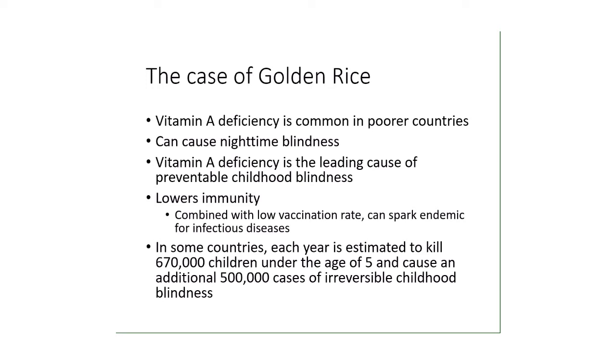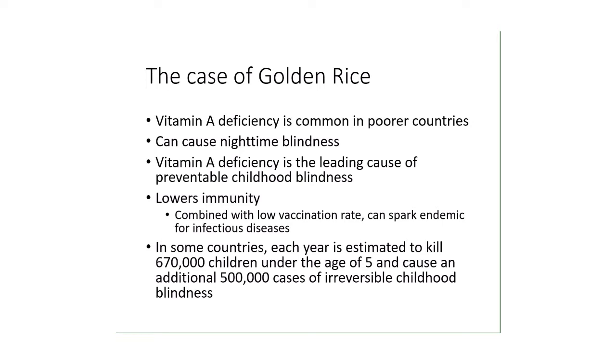There are cells in your eyes called rod cells, which are needed for nighttime vision. With vitamin A deficiency, those cells don't quite work, and so it can lead to nighttime blindness. In fact, in many poor countries, vitamin A deficiency is the leading cause of preventable childhood blindness.